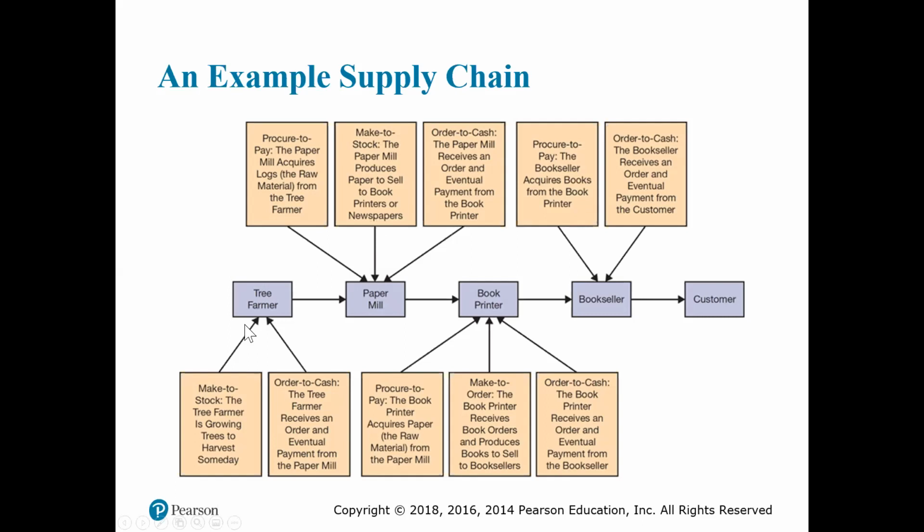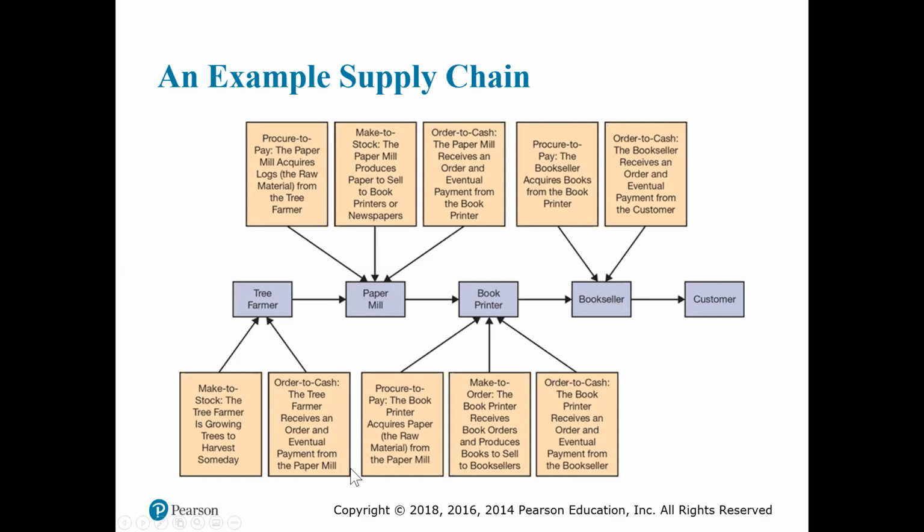Firstly, we can see make to stock process. The tree farmer is growing tree to harvest someday. And the tree farmer receives an order and eventual payment from the paper mill.